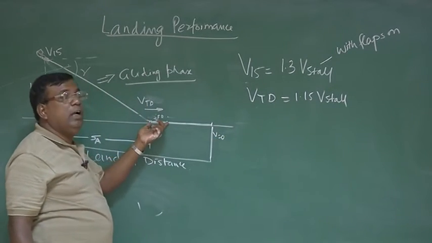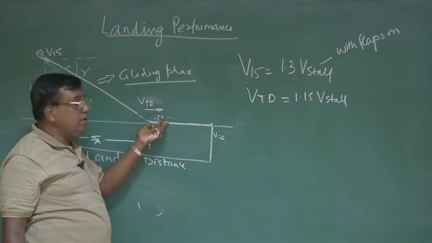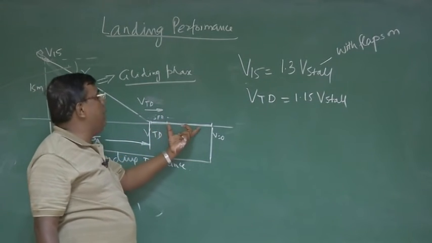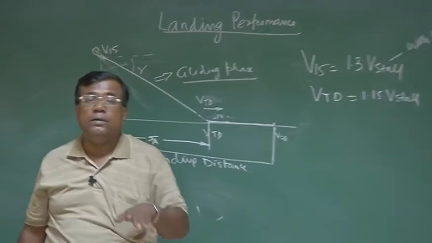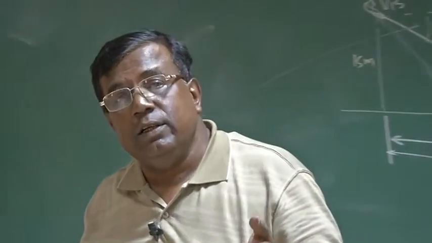This also I can calculate. We have done it for takeoff also, in a similar way. And here we have applied brake. In the takeoff, we found acceleration, took average acceleration, but in landing, we will take average deceleration, so that we can easily use V square minus U square equal to 2AS and find the S. Okay?